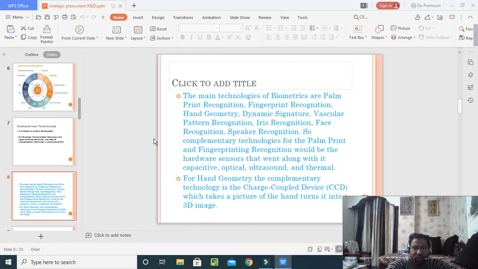Now the main technologies of biometrics: if you have seen in colleges or the education sector and big companies nowadays, they are taking attendance via biometrics and palm print recognition. Sometimes they use the palm, or finger recognition, or hand geometry, and sometimes dynamic signatures, or vascular pattern recognition.